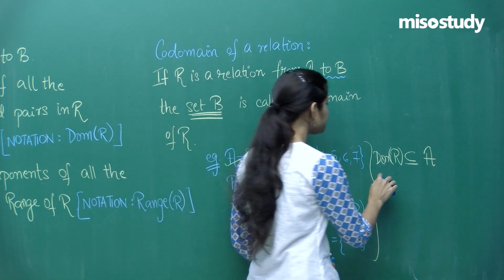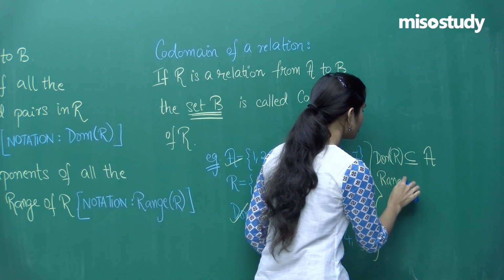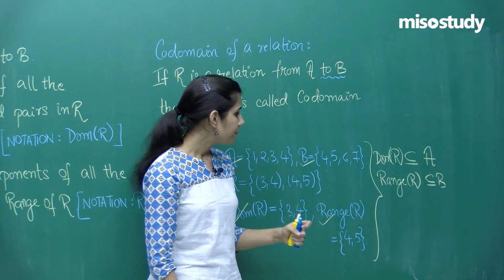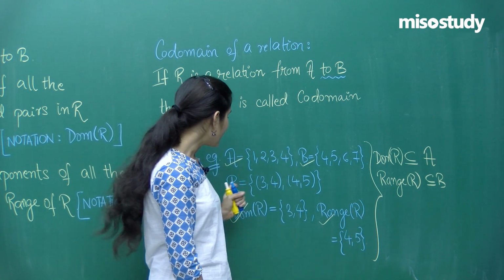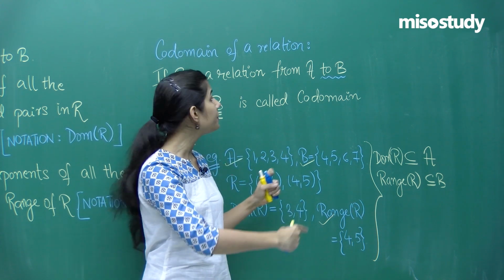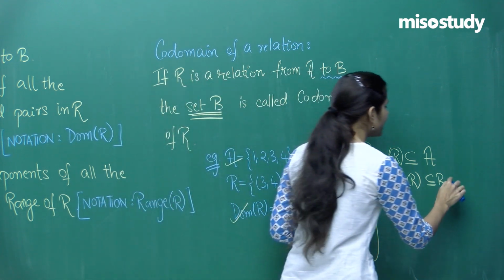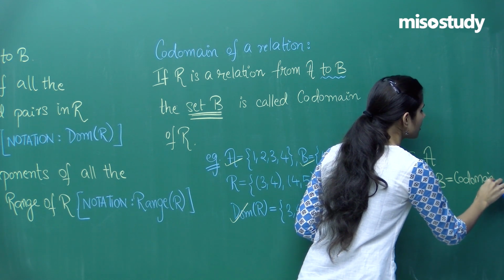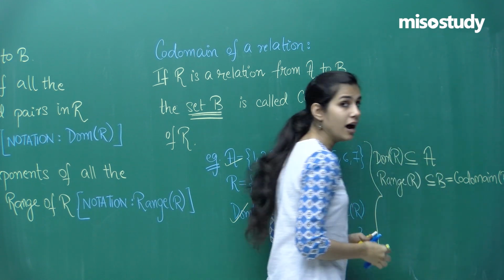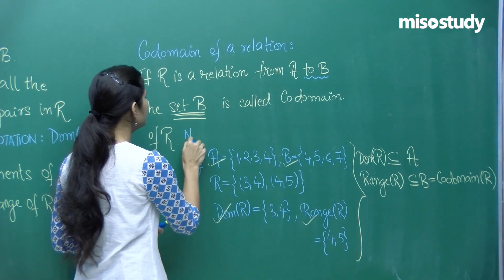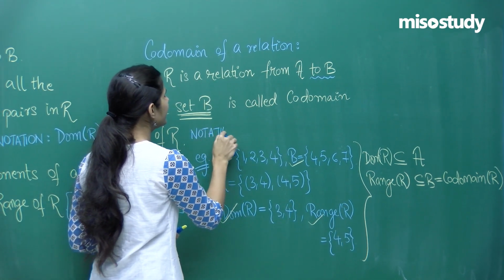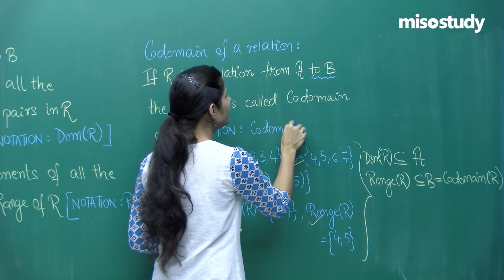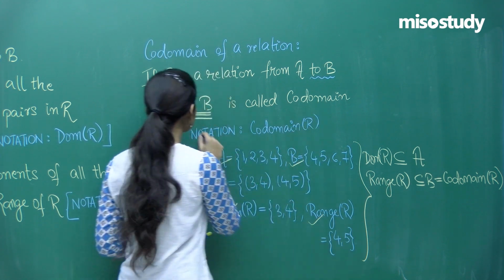That is why the range of R is a subset of the set B. But because A cross B is concerned and R was a relation from A to B, this definition says that B is nothing but the codomain of R, because the notation for codomain is just to write codomain and keep whichever relation is concerned inside the braces.